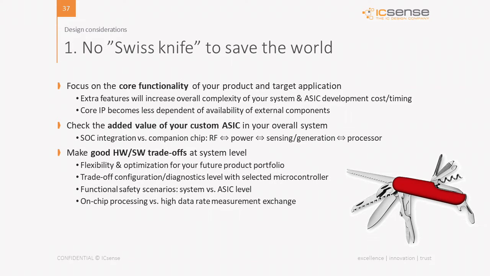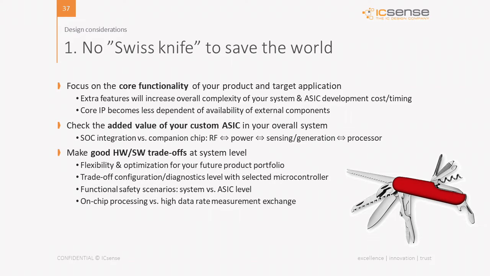The first one is the no Swiss knife, and that's how I call it. The first thing that I would propose is to focus on the core functionality of your product and target application. Combining different platforms in one chip will increase the overall complexity and the risk of your overall system. By doing so, you will also increase the development cost, the project timing, and also the unit prices, with no guaranteed success.